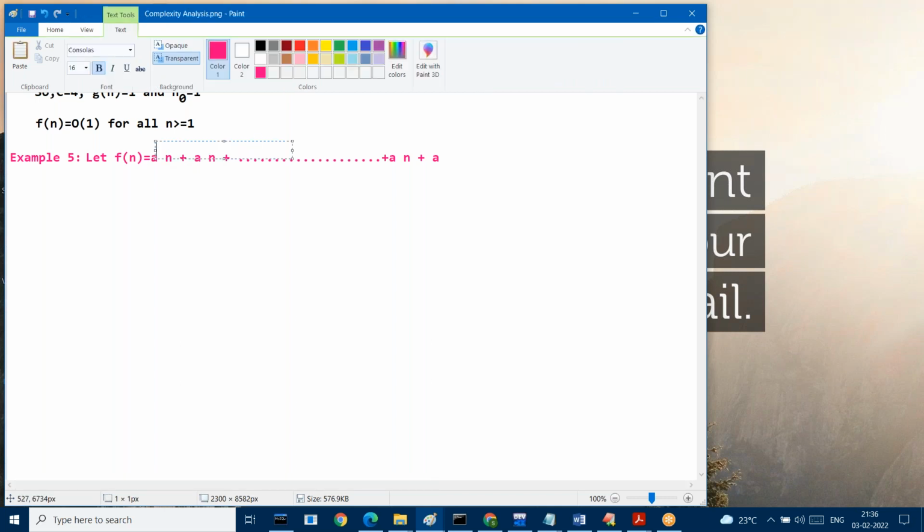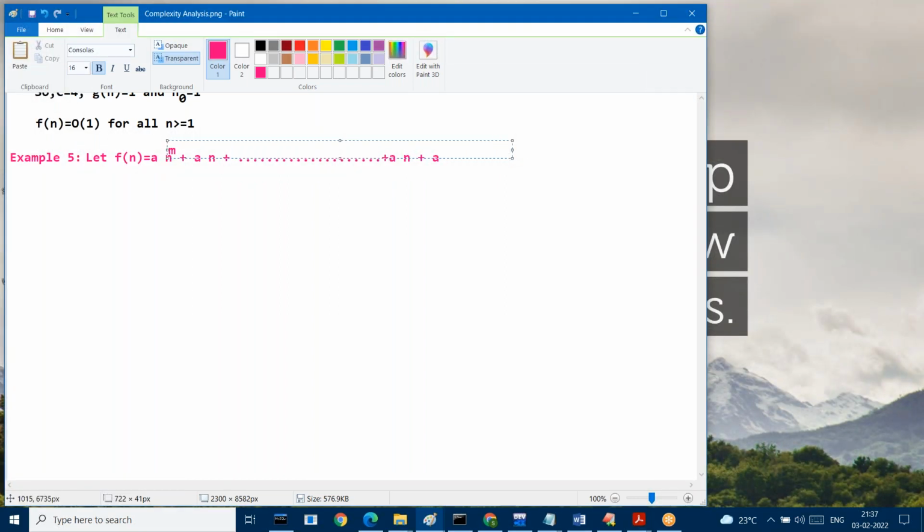First of all, the power: n to the power m, n to the power m minus 1, gradually decreasing, down to n to the power 1 and then n to the power 0. N to the power 0 means 1, so nothing is there.